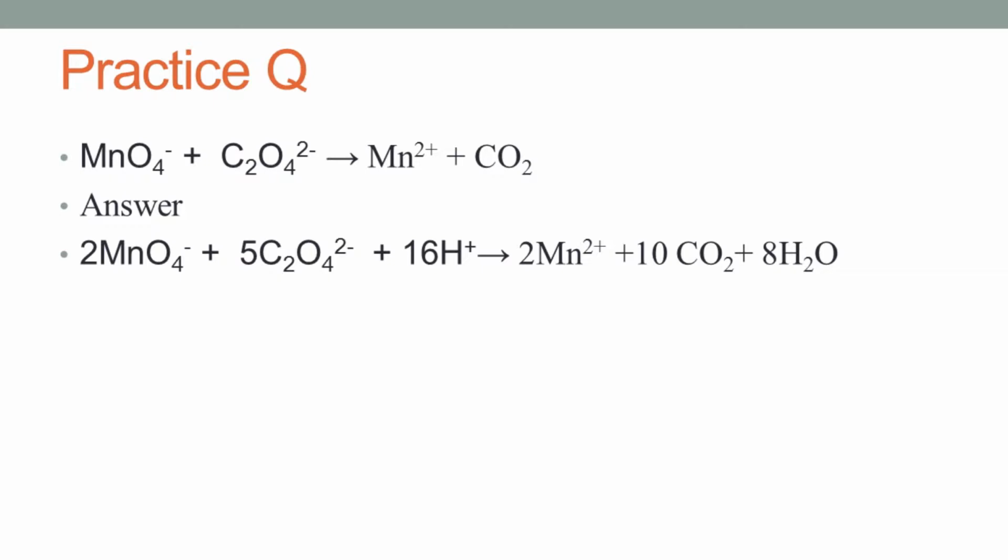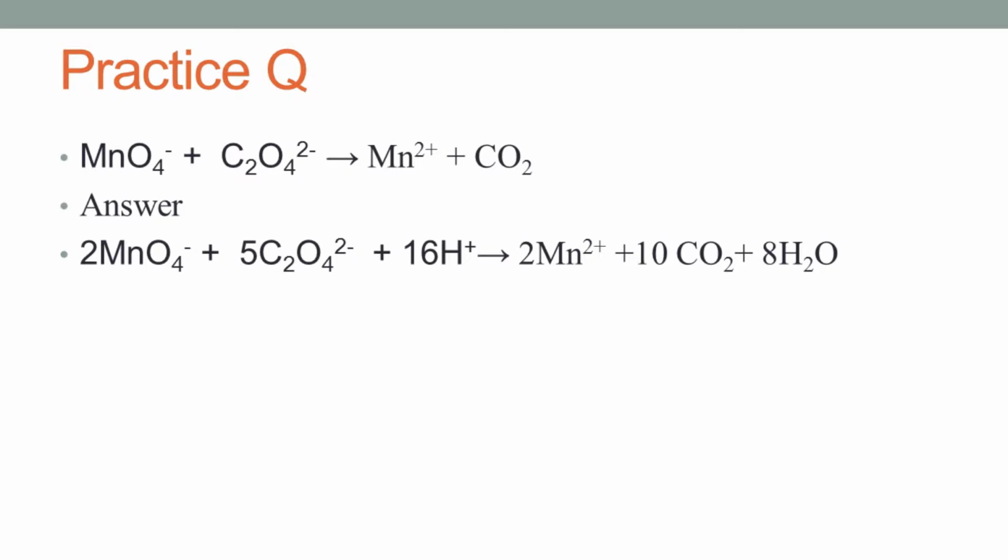One of the key aspects that you should be looking at in this example is whenever there is an element undergoing change in oxidation number, you have to balance those atoms first, then count the electrons that it can produce or how many electrons it can accept. In this case, C2O4 2- is the oxalate ion. There will be a change in oxidation number for carbon in oxalate and carbon dioxide.